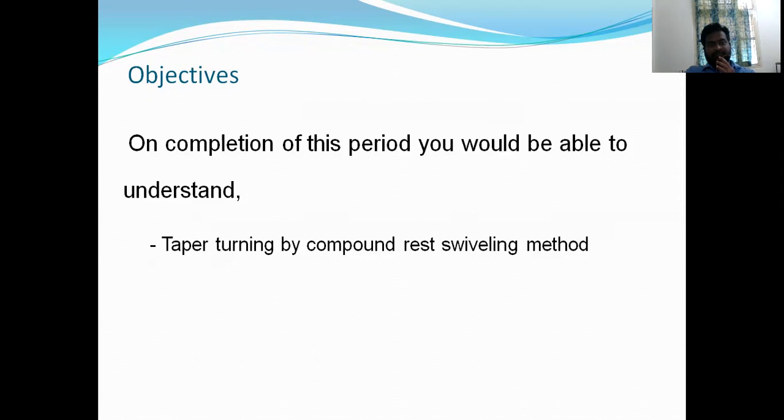Taper means the diameter gradually increases or decreases from one end to the other end. That shape is called a taper shape, right? For doing taper shapes, we have different types of methods. Those methods we are going to discuss in this lesson. Okay.